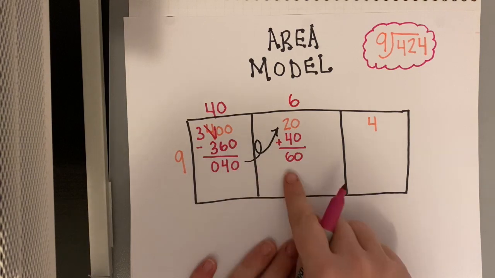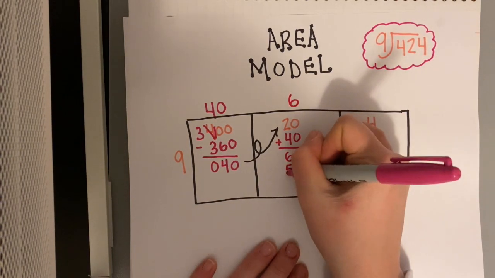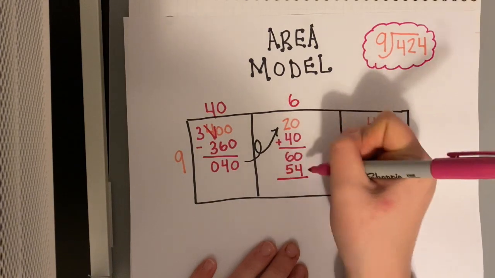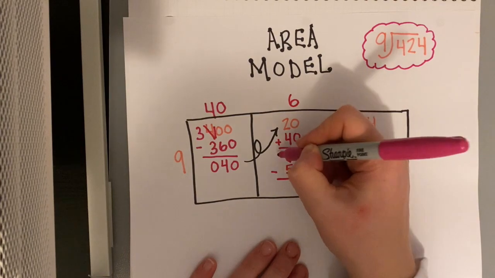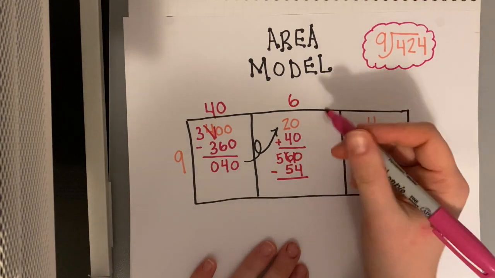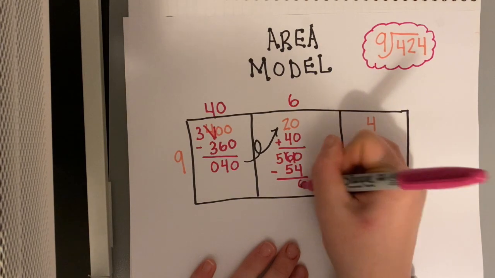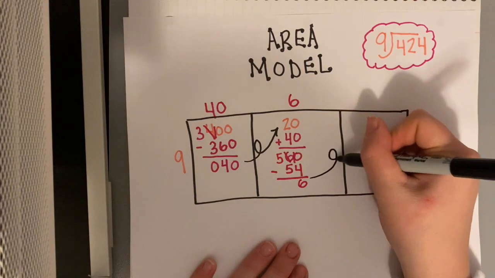So 9 goes into 60 6 times, which equals 54. Minus: 0 minus 4, can't do that, so I have to borrow. 10 minus 4 is 6. And I'm going to bring that all the way up to this side.